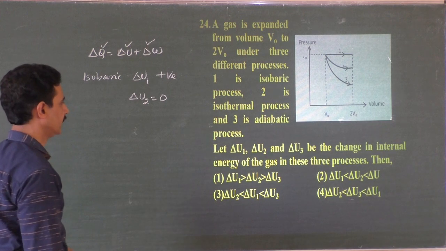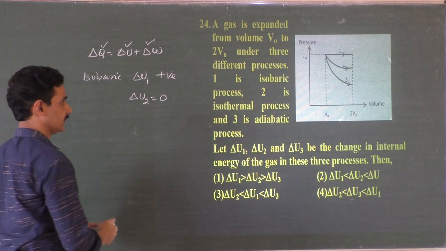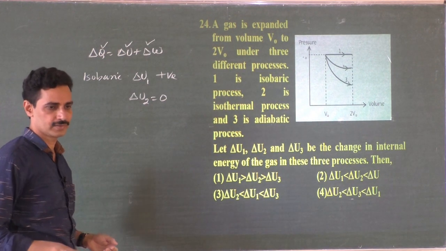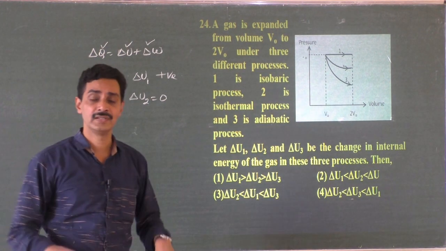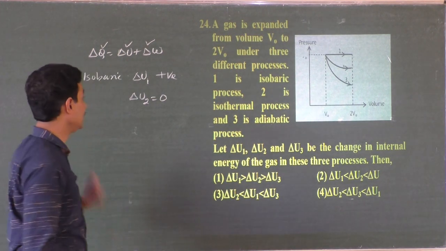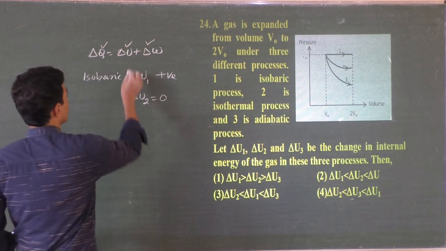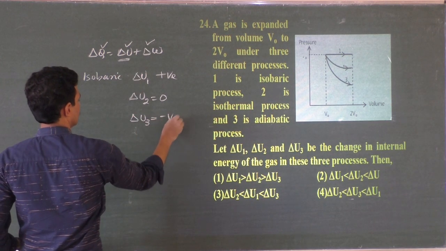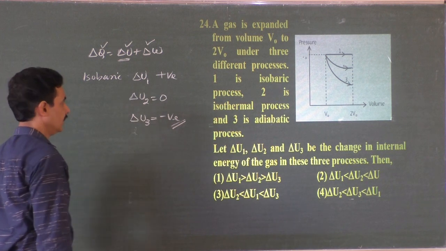What about the final adiabatic? In an adiabatic process, when there is an expansion, you know that the expansion of the gas in an adiabatic process results in the loss of internal energy because there is no heat energy supplied from outside. So in an adiabatic process, there is a fall in the internal energy. Delta U3 is negative. It falls.